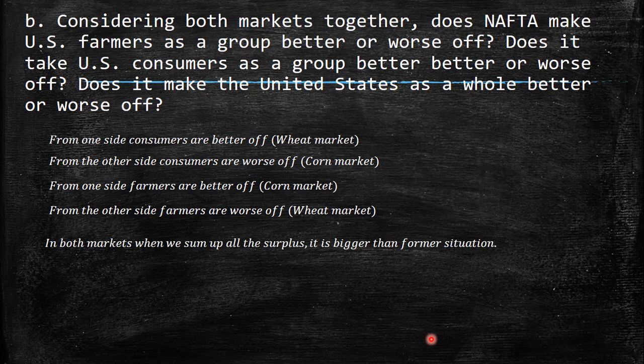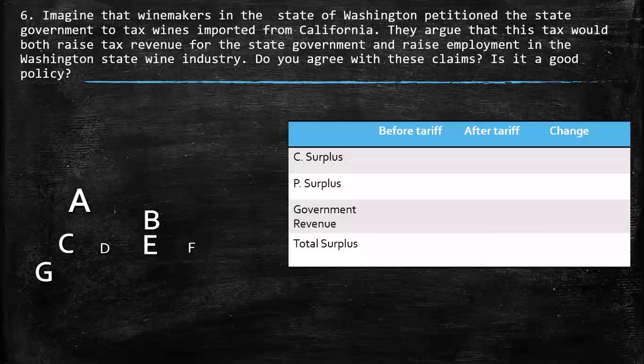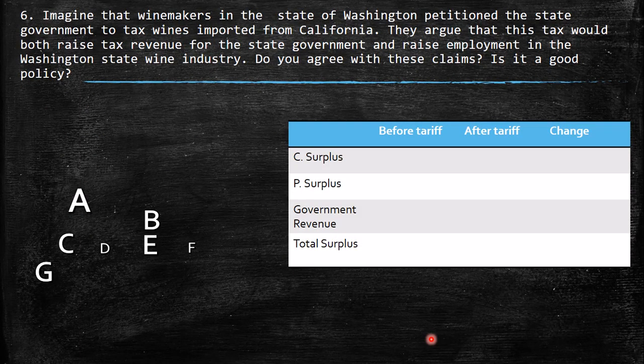But remember, this is a fact: in both markets there are winners and losers. When we sum up all the surplus, the total welfare is bigger than in the former situation. So as a whole, we can conclude that we have a better condition for the US.